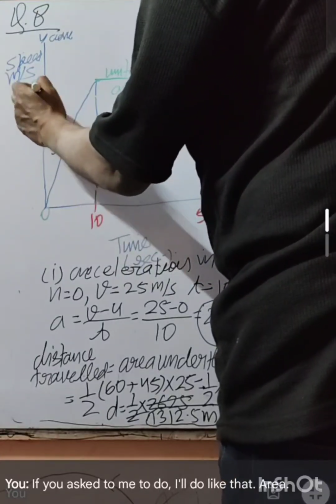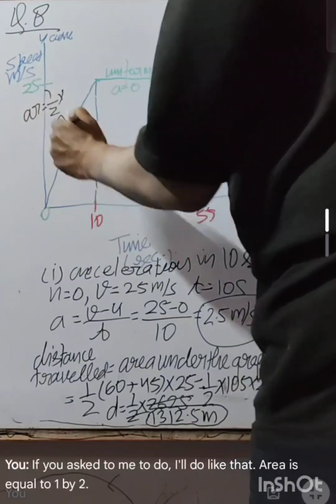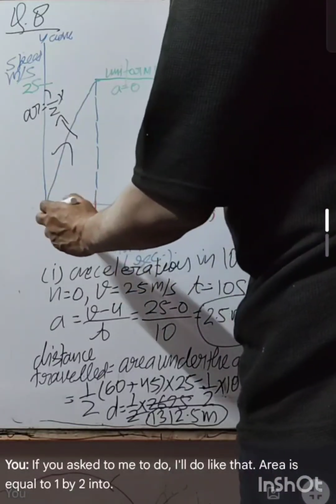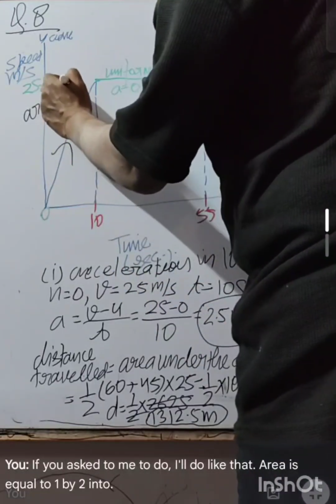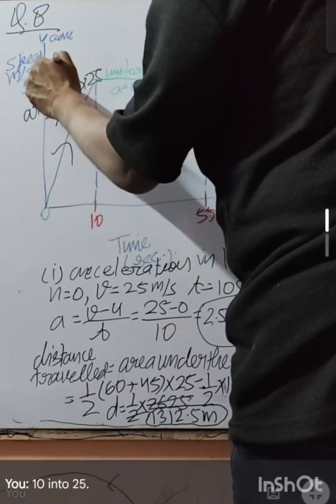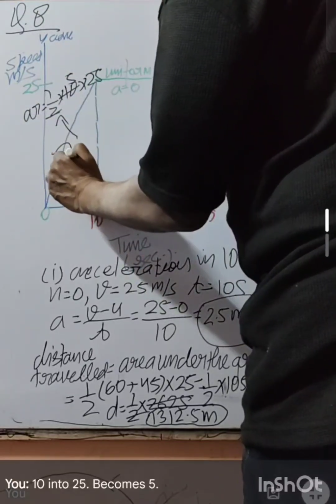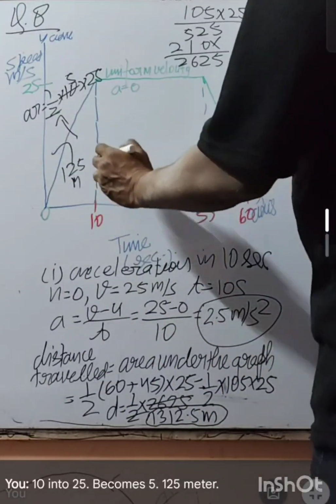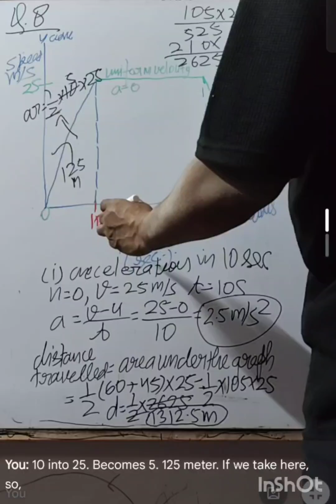Area is equal to 1 by 2 into 10 into 25 becomes 125 meter. If we take here, so it is how much?